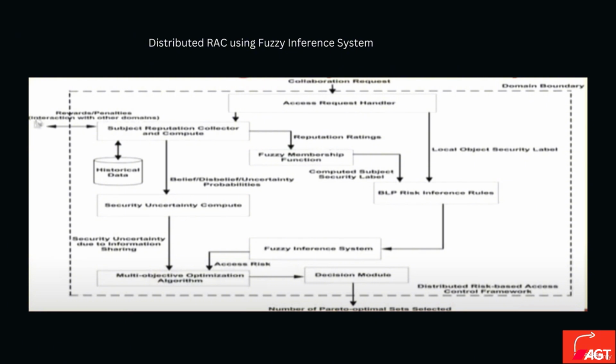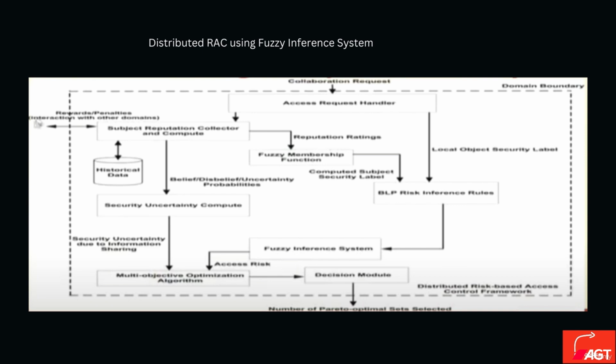False positives and false negatives are issues with traditional access control systems that can be addressed with fuzzy, logic-based decision-making. By taking into account various elements and assigning degrees of membership to each factor based on the level of uncertainty or imprecision connected with it, the fuzzy inference system can increase the accuracy of decision-making.